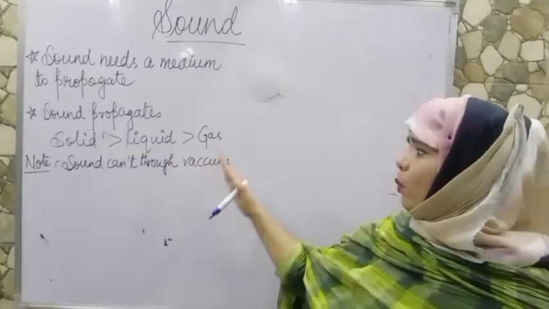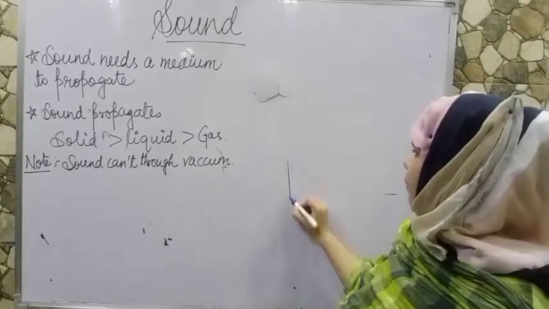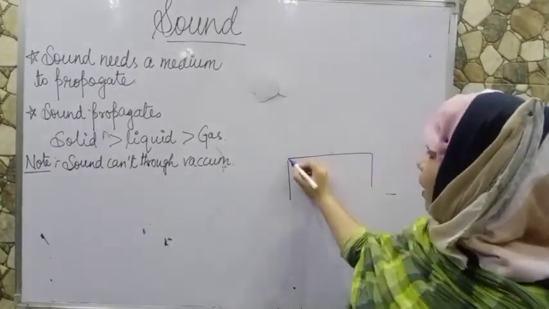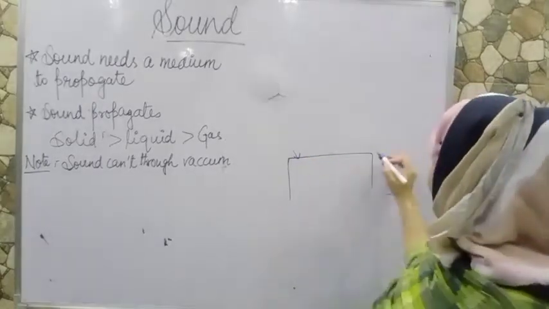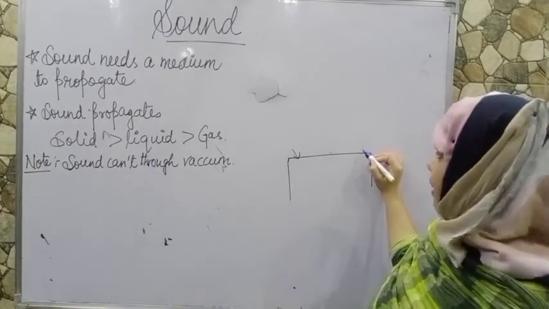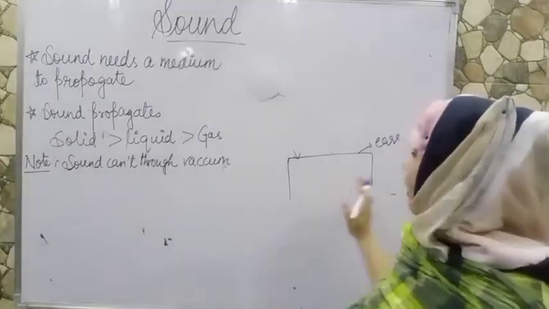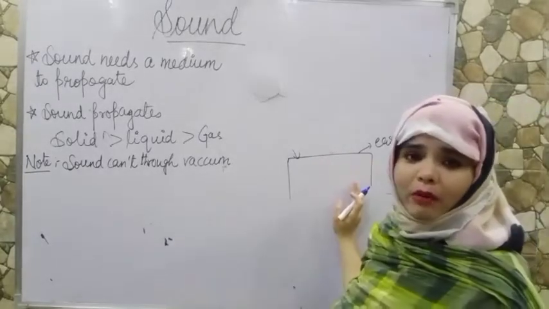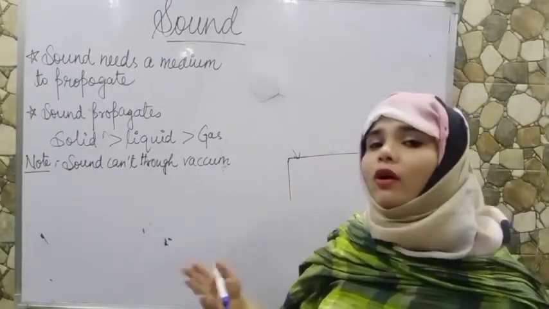That means very low in gas. Suppose you have a table and you hit it with your hand and somebody puts his ear right over there. Then he feels the sound's vibration much higher than in liquid or gas.